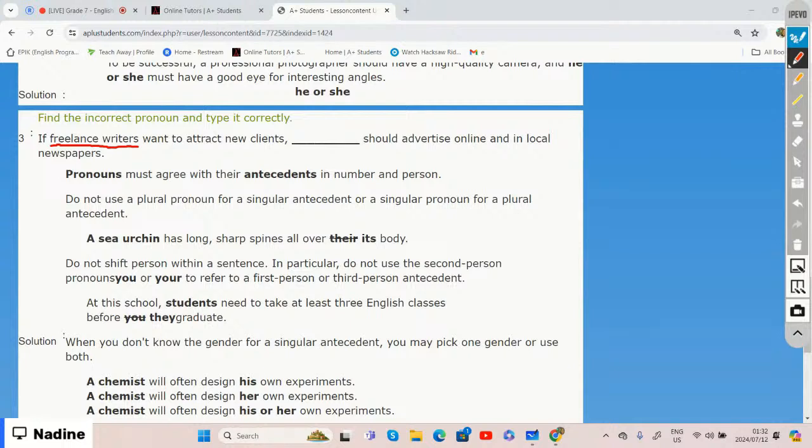So if freelance writers want to attract new clients, then we can say they, because we're referring to more than one. We're talking about the freelance writers. So if freelance writers want to attract new clients, they should advertise online and in local newspapers.